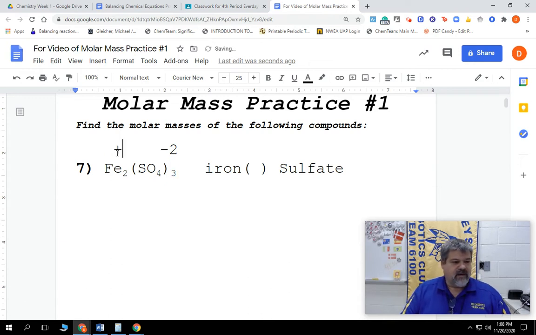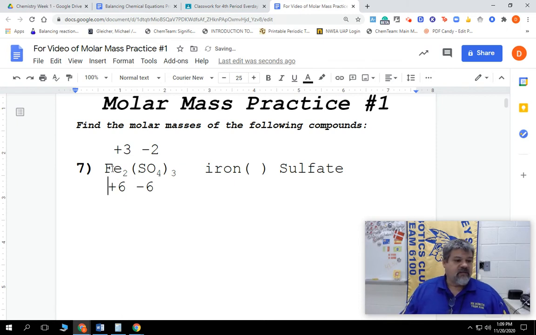So it is +3. Now, we're going to double check and make sure that we do this. This is how we double check. A -2 times 3 is a -6. So this one has to be a +6.